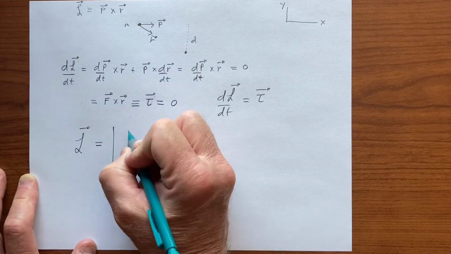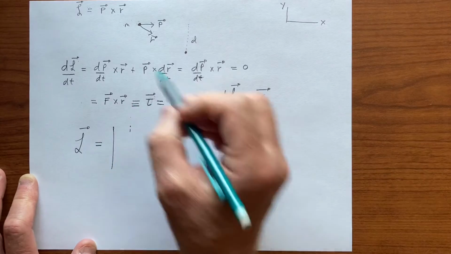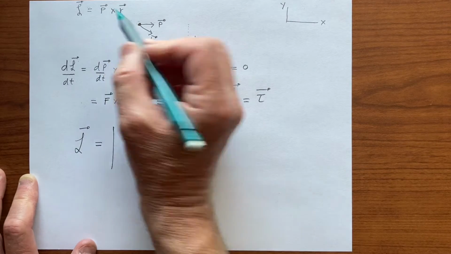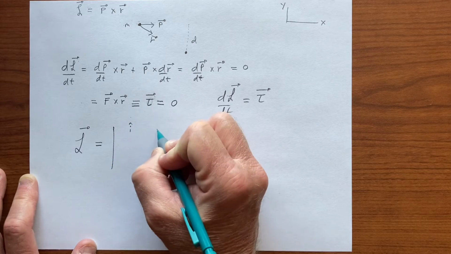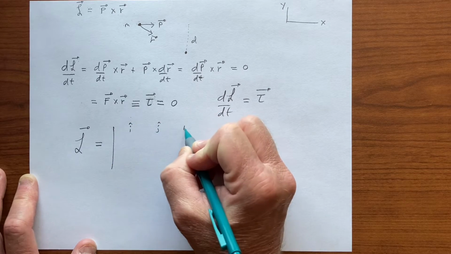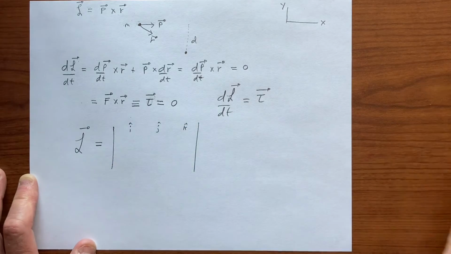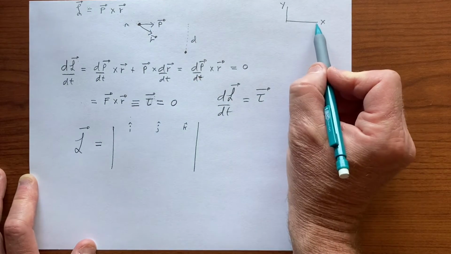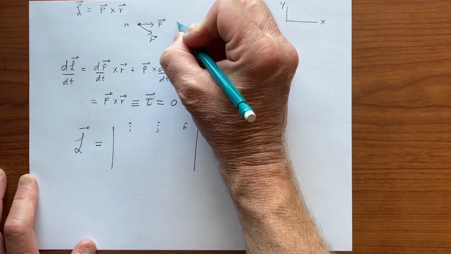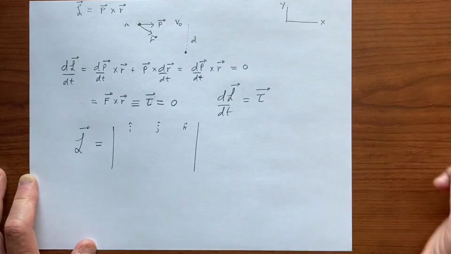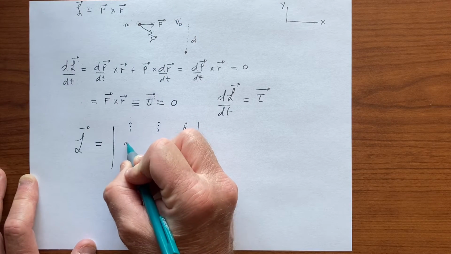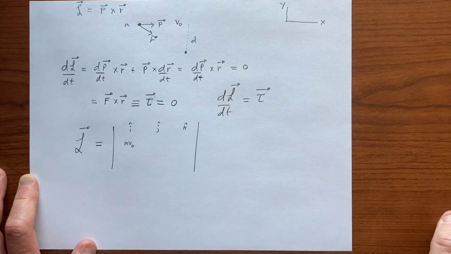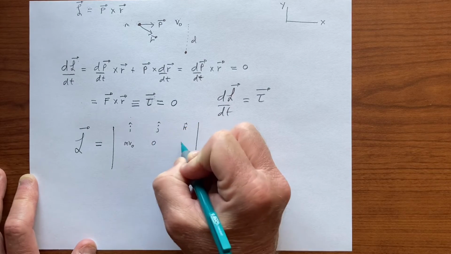So we're doing a cross product between momentum and position vector. So i hat, j hat, k hat. The momentum has only a horizontal component. So let's say we give it a speed v naught. So here we have m v naught, 0 and 0.